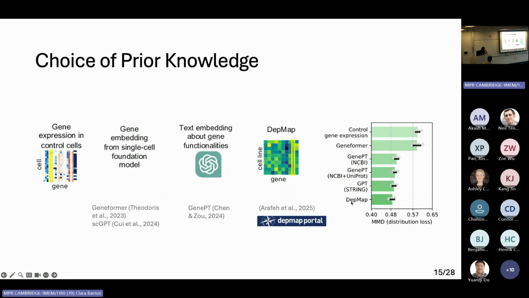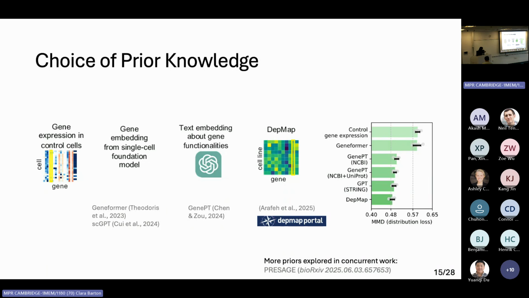But actually, DepMap in this case works a little better, because it is essentially also measuring perturbation effects in similar cancer contexts. So not quite far anyways. And there are more priors explored in a concurrent work called PRESAGE from Genentech that you can read about.